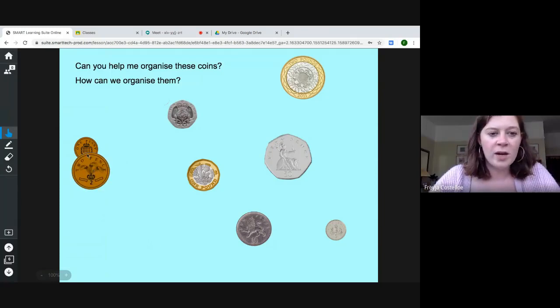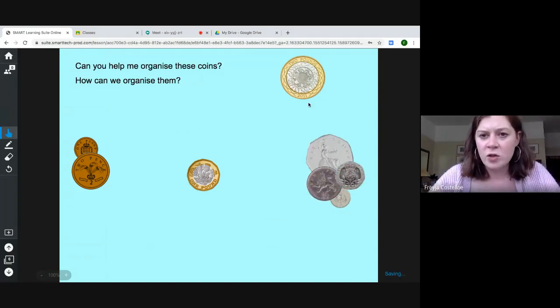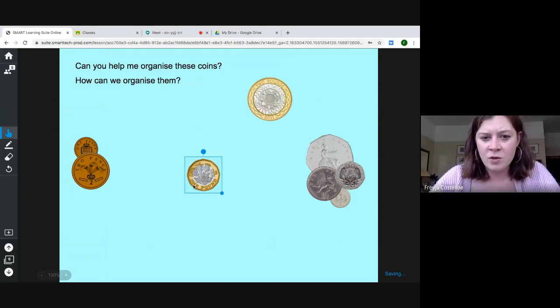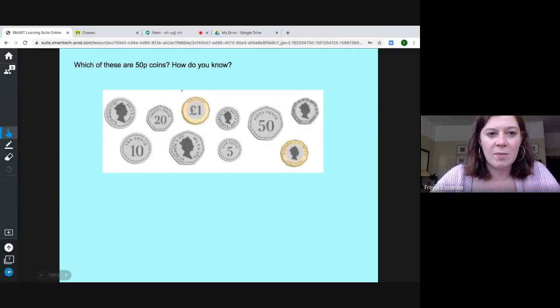So I've got my coppery coloured ones, my silvery coloured ones, all plain silver. Now, my pound coin and my £2 coin is sort of silver and gold, so I'm going to put them in their own group up there. But you might decide to group them in a different way. See what you come up with.